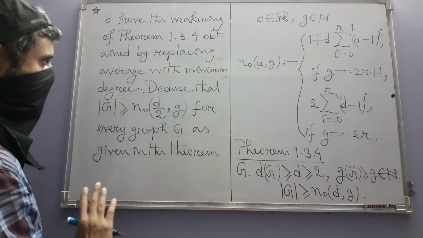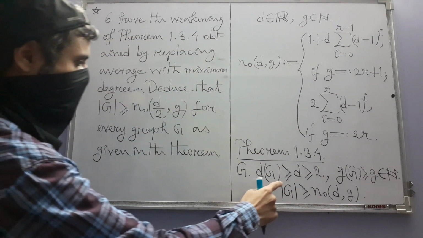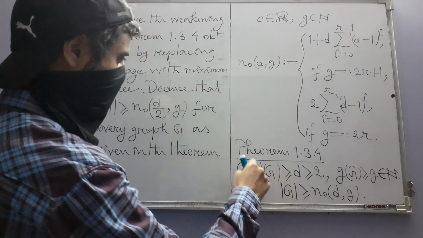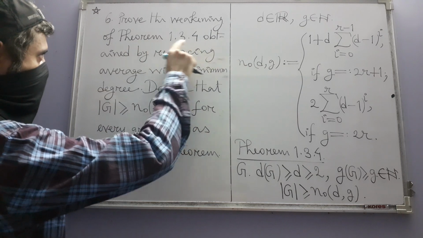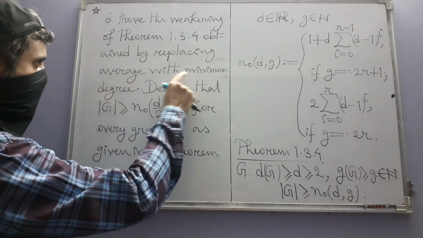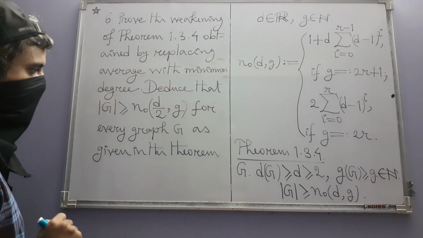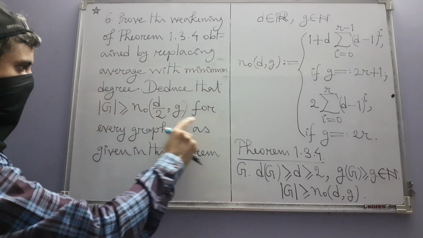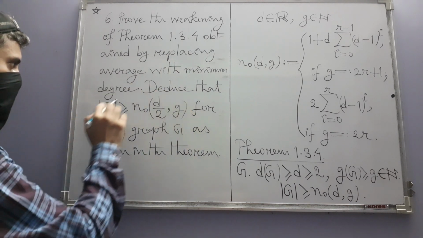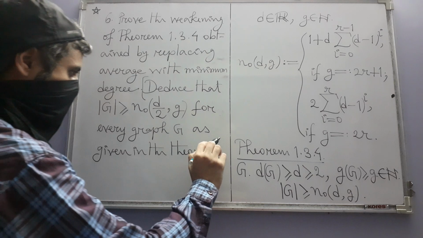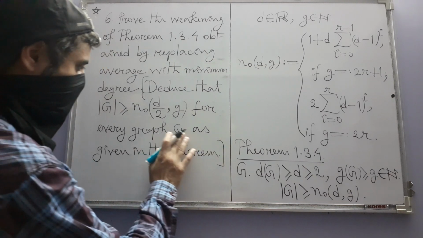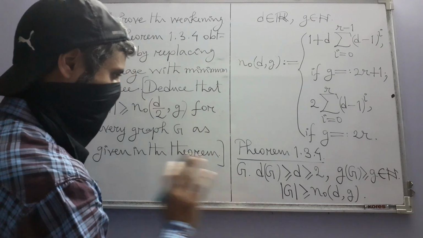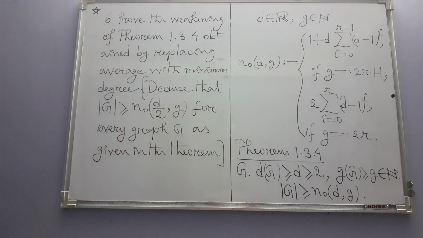So we are weakening by replacing this average degree D by the minimum degree, Theorem 134 obtained by replacing the average degree with the minimum degree. And then of course we have to deduce this thing. So deducing this part also I will leave to you. It will likely be very easy. I haven't seen how this can be deduced, but I leave that part to you.